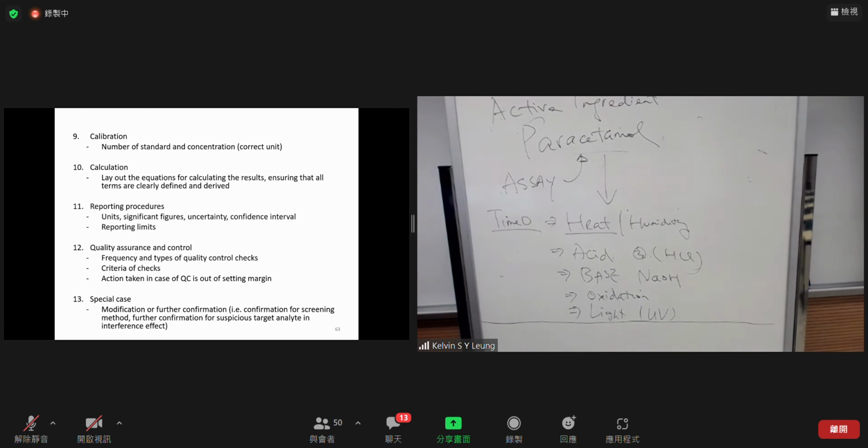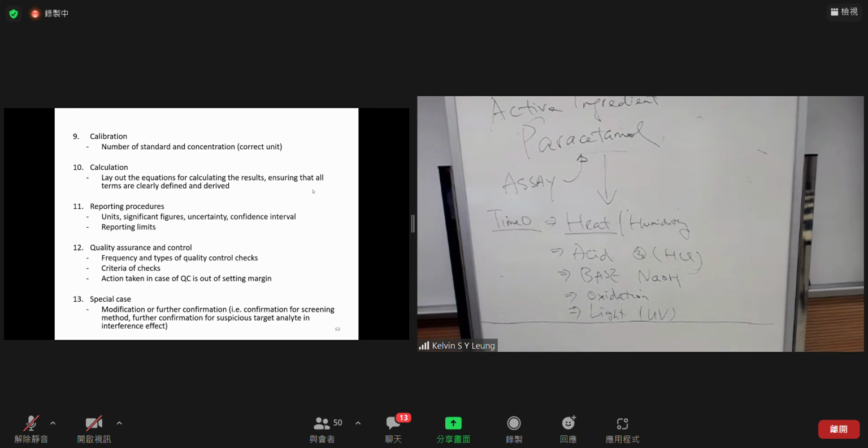The general SOP being used in the routine, I won't share with you. So after your method has been validated, make sure that you have the report, and then by using the data in the report, you will set the test documents for your routine purpose. So this is what I have taught just now.